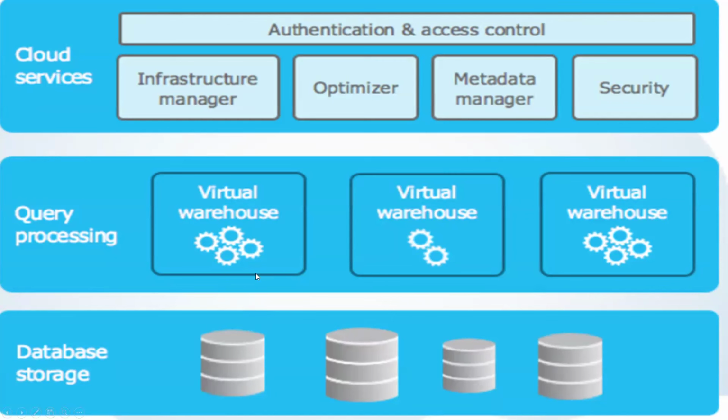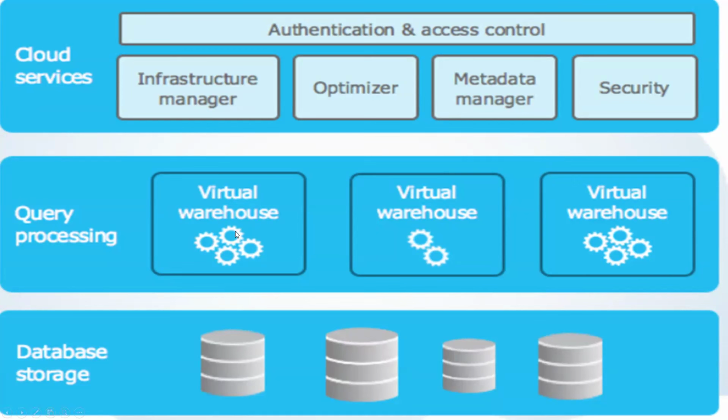But in an on-prem system architecture, have you ever seen that if you need to increase your storage, you need to scale up your compute resources at the same time? That is a tightly coupled architecture. Here it's a loosely coupled architecture where your compute and storage power work independently.